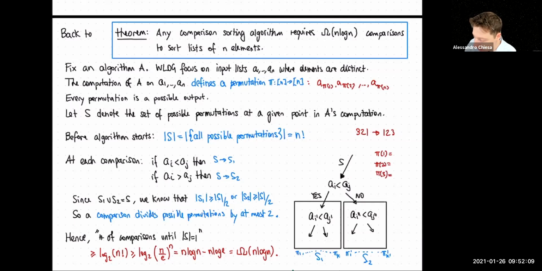So pi of 1 in this case is 3, right? Because at location pi 1, we find what was a3, right? So pi of 2 is 2, and pi of 3 is 1, right? And there is one and only one permutation that describes this output, okay? And in general, I can just move around 1, 2, 3 in whichever of the 3 factorial ways, and each of these 3 factorial ways is going to define one out of those 3 factorial permutations. They're in one-to-one correspondence.